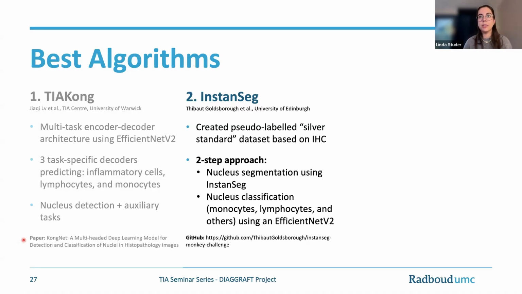First, nucleus segmentation using the InstantSec network, and then in a second step, nucleus classification as monocyte, lymphocyte, and other using EfficientNet. Basically, any nucleus that was detected but did not align with the annotations got classified as other. Then he pooled the monocytes and lymphocytes together for the inflammatory cell output. You can find quite extensive documentation on his approach on his GitHub.